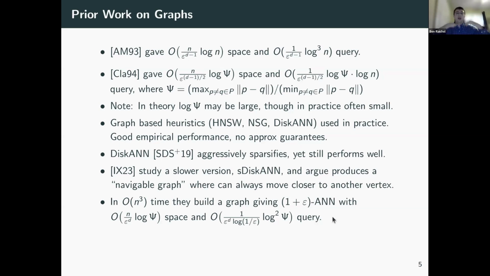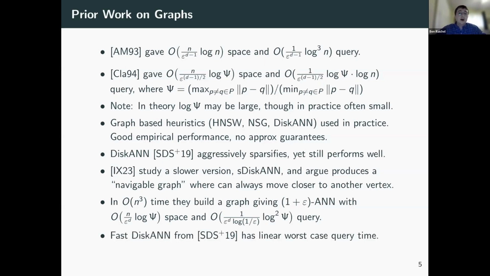Okay, so again, they're trying to analyze a version of DiskANN to try to say why you would expect it returns good approximate nearest neighbors. And they also show that this true fast DiskANN, the one that's actually used in practice, has a linear worst case query time, right? So in some sense, they needed to consider this alternative version of it because the true one, well, in the worst case, it's linear time. Now I'll say that in the worst case, it's linear time, but in practice, it works quite well.